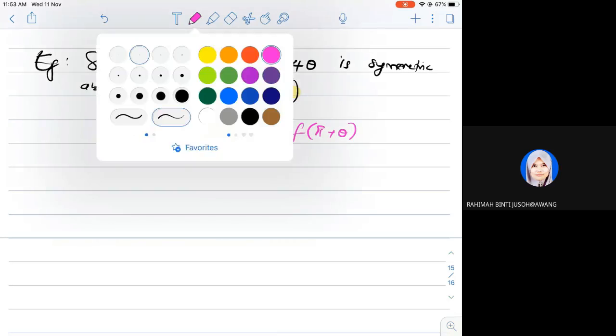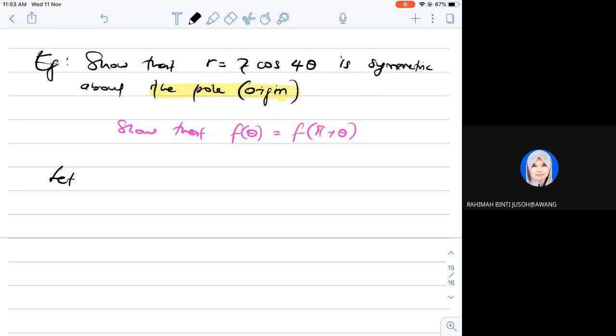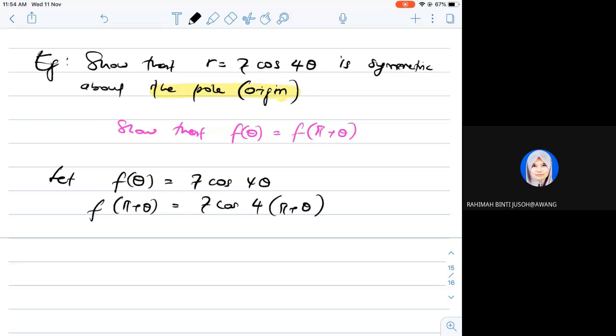Okay, now again we let f theta equals to 7 cos 4 theta. So f pi plus theta is equivalent to 7 cos 4 pi plus theta lah, macam itu. Okay.